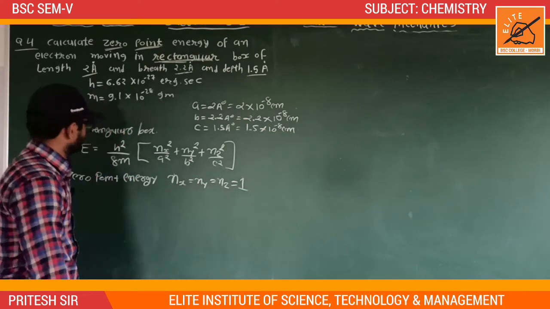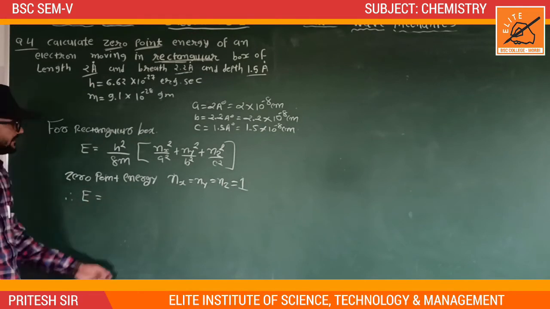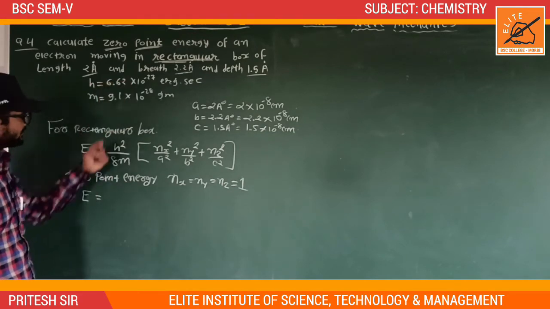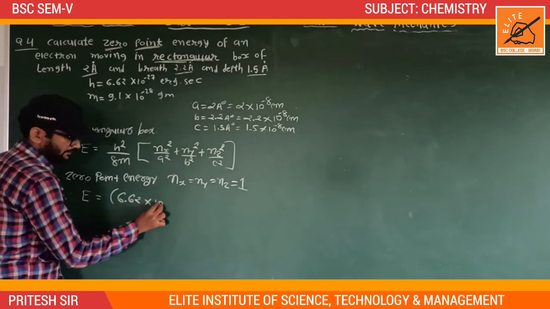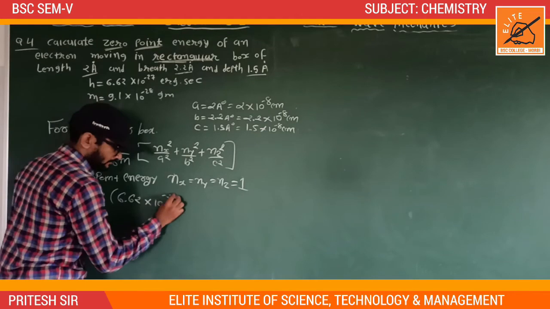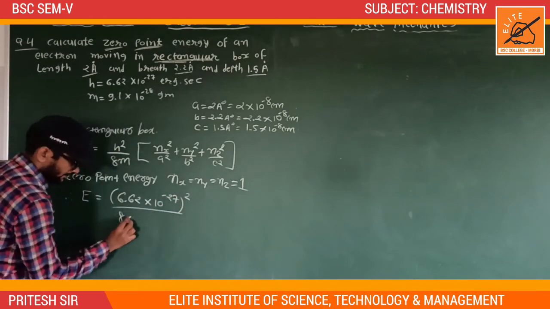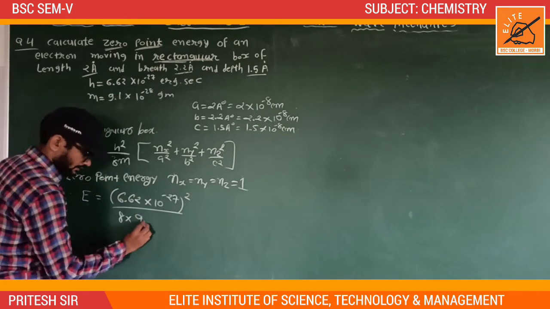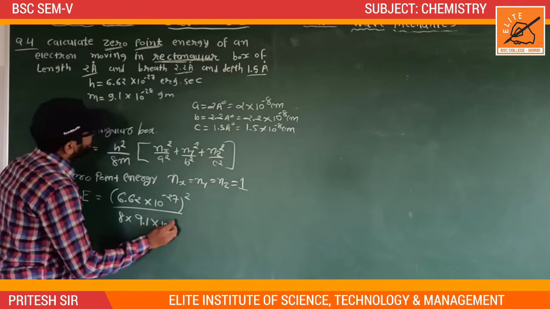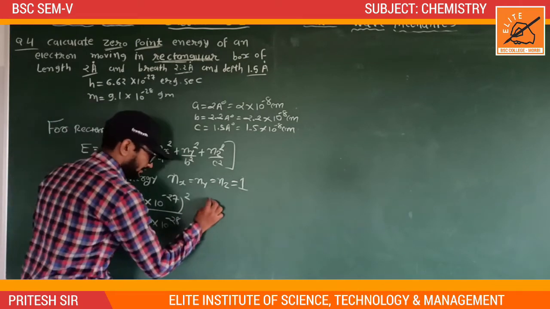Okay, so E is equal to h square, which means 6.62 into 10 to the power minus 27, squared, upon 8 into the mass of the particle, 9.1 into 10 to the power minus 28, into bracket.